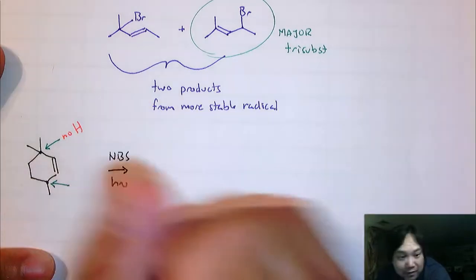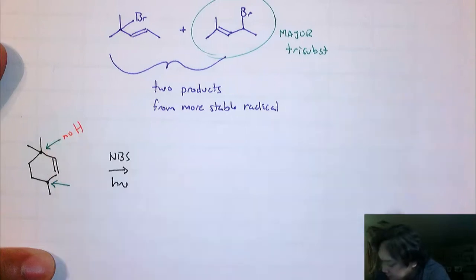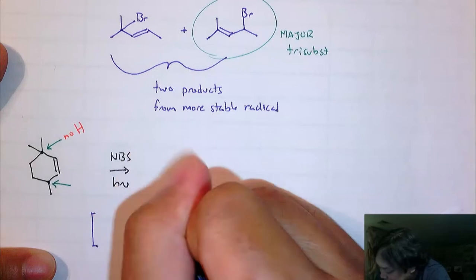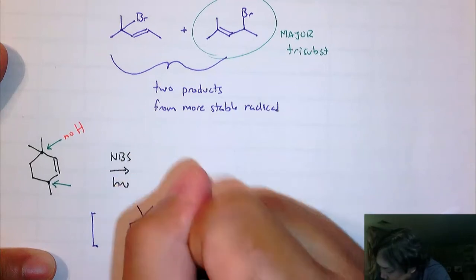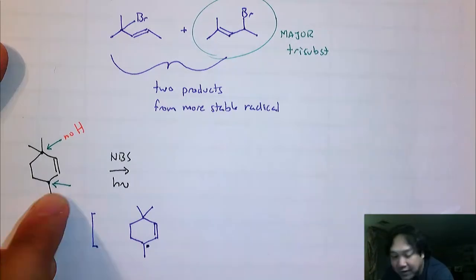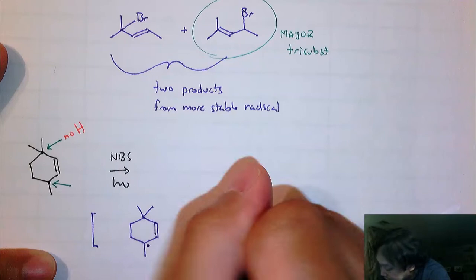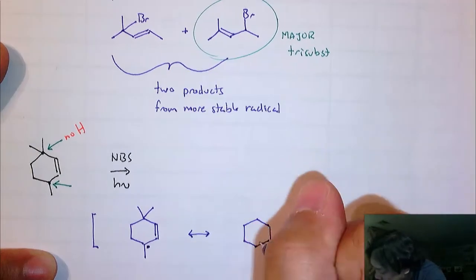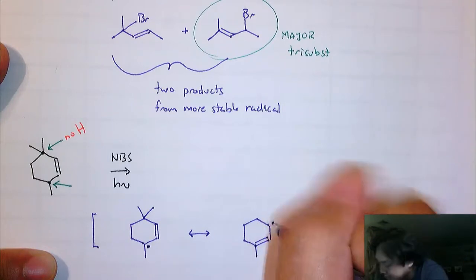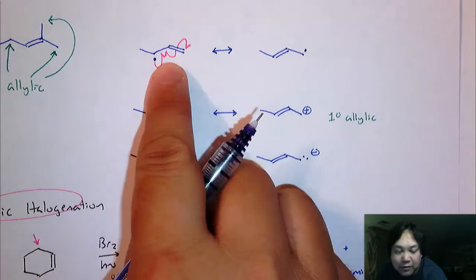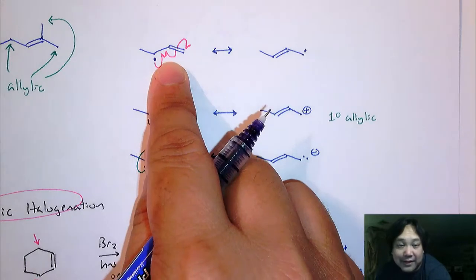So we really only have one position, and that position is right here. So let me draw this stepwise by drawing the 2 radicals. Your first radical is on this carbon down here, for this arrow, and then when you do resonance, you have this. Right there. I'm not going to draw the mechanism. You could always go back to the beginning of the video. That's how you show resonance for an allylic radical.